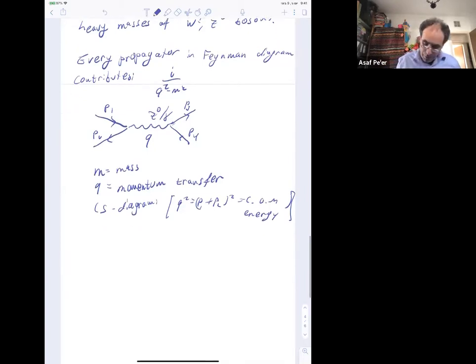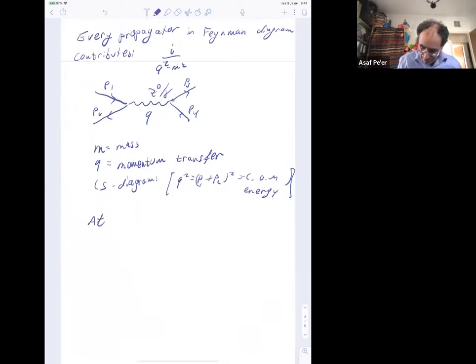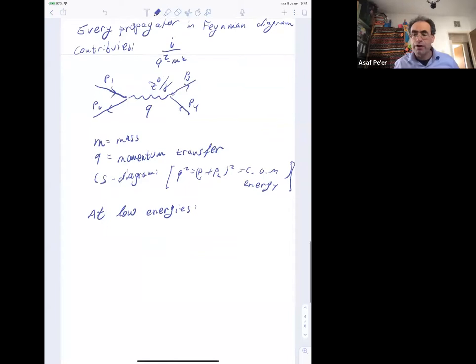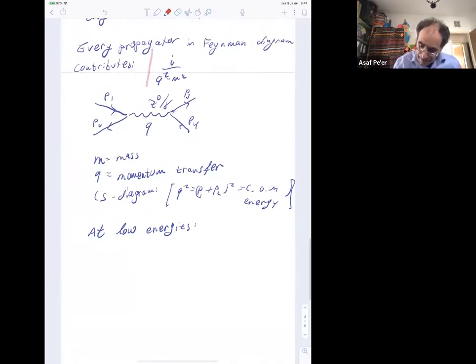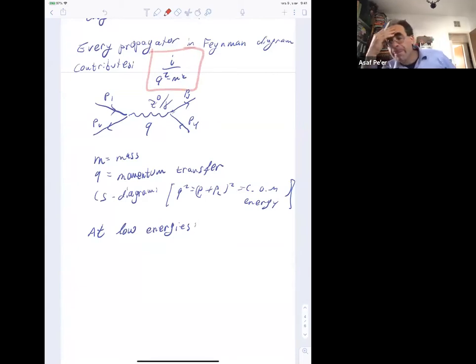So, what do we have at low energies? What do you mean by low energies? What is low energy here? When I say low energy, what do I mean?